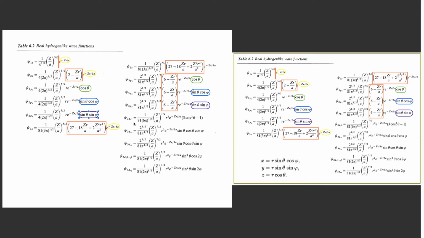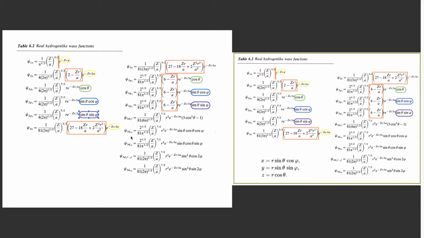Right? For the 3d orbitals, you'll notice that there's no polynomial, right? There's a numerical piece, there's an exponential piece, but then there are now multiple angular dependencies. There's sine theta, cosine theta. There are going to be 2 angular nodes, because there's a value for theta where sine theta is equal to 0, and there's a value for theta where cosine theta is equal to 0.